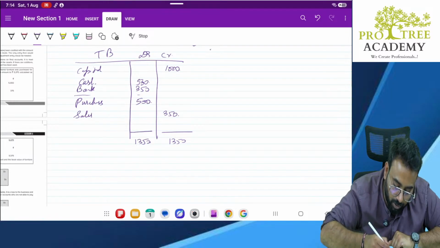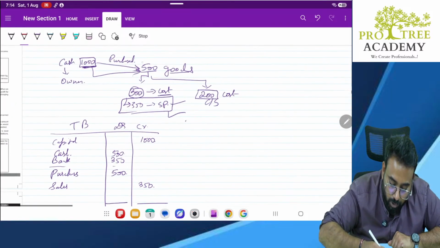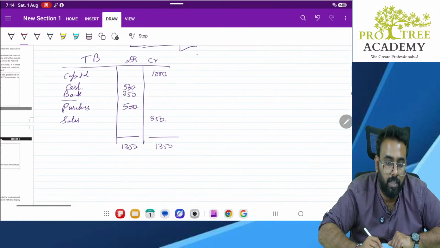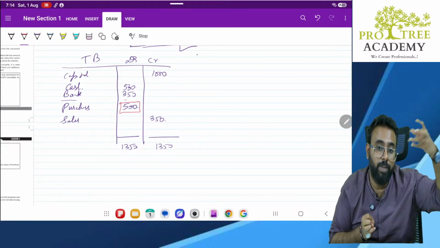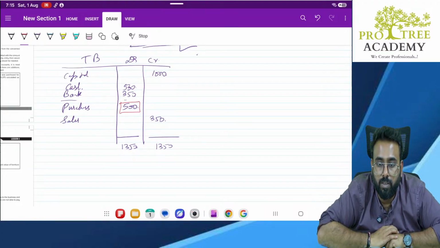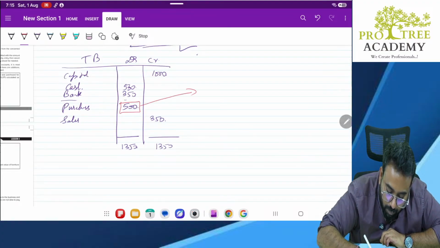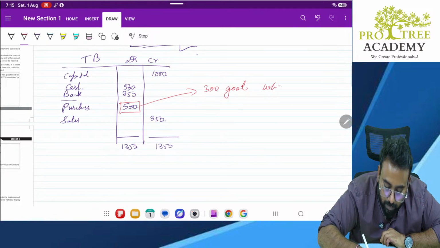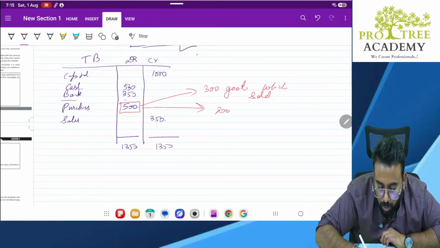Sir, then why are we not showing closing stock? Listen to me carefully. How much purchases did we make? Sir, 500. Am I showing the purchases as 500? Yes, sir. So this 500 includes stock which has already been sold and stock which is not sold. Correct or no? This 500 includes 300 rupees of goods which are sold, and it also includes 200 unsold.